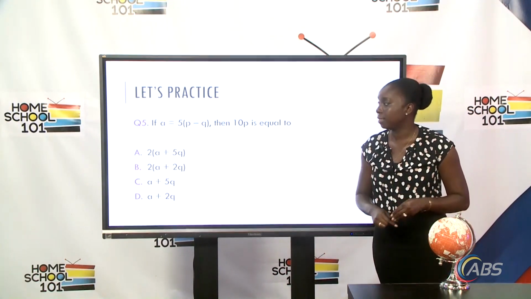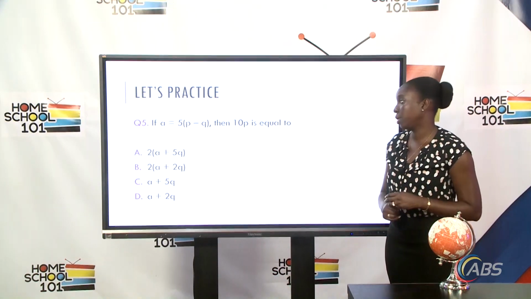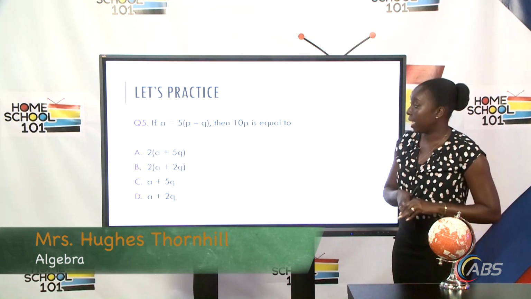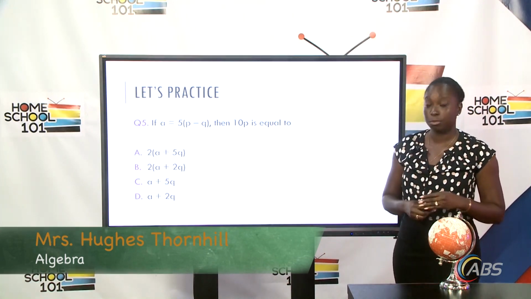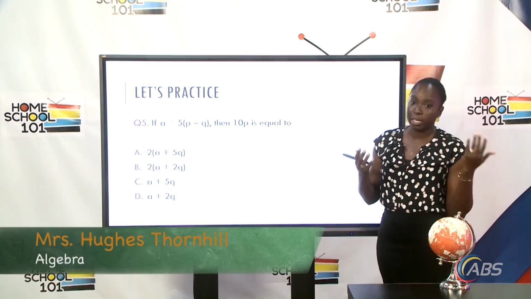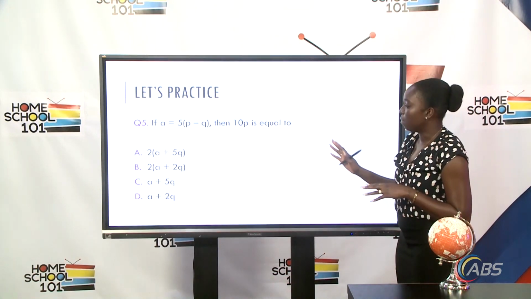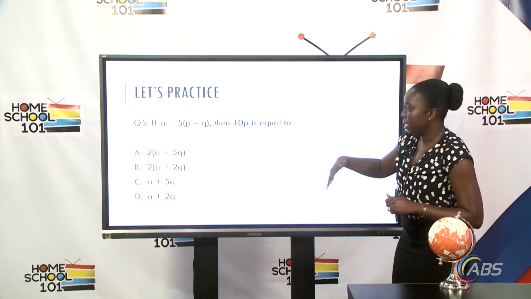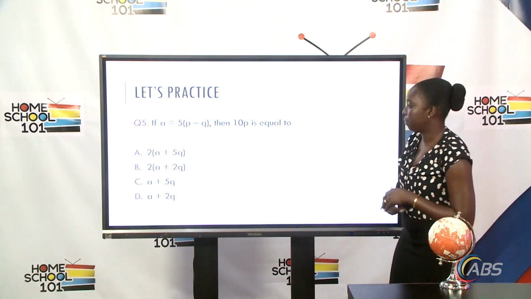Question 5. If A is equal to 5 times P minus Q, then 10P is equal to what? So there's more than one way that we can approach this question. But how I'm going to do this is I'm going to just get rid of the brackets and then see how I can create a 10P and solve for 10P.